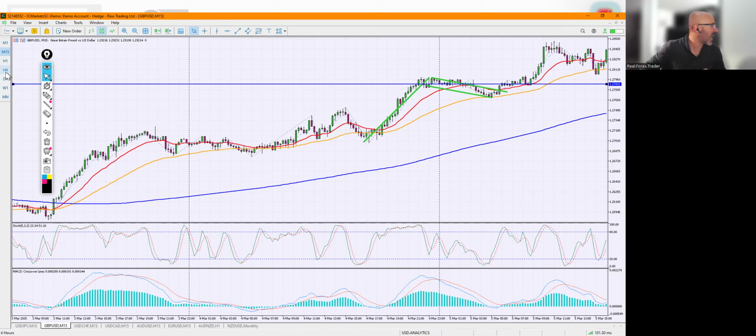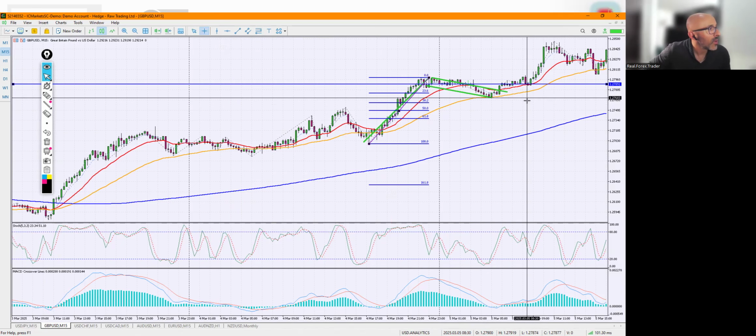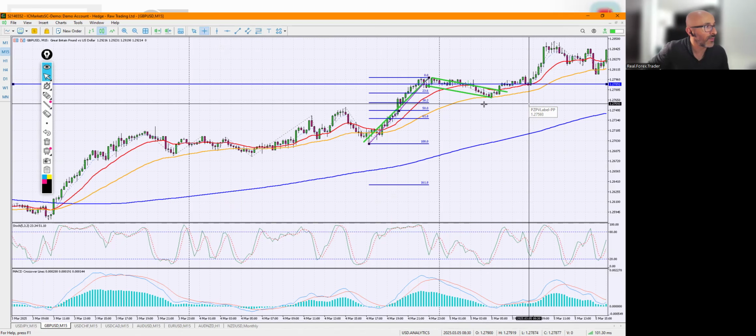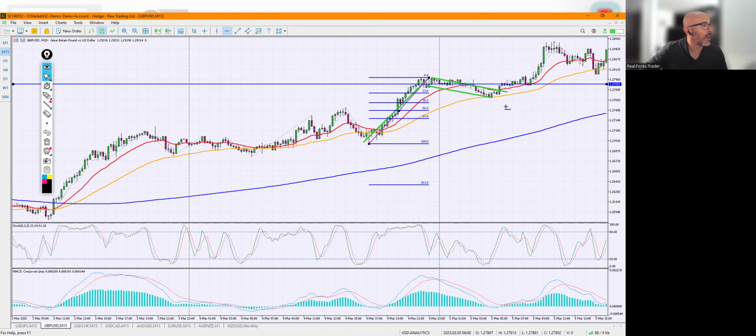Another thing is I can use my Fibonacci levels, so I'm going to trace them here. I can see that in this area, between the 23 and the 38, which is a very important support area, there is nothing. So I could ideally set my stop loss in this area, right below the lower low of this candle.